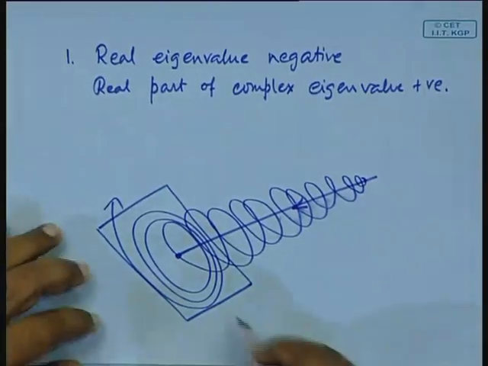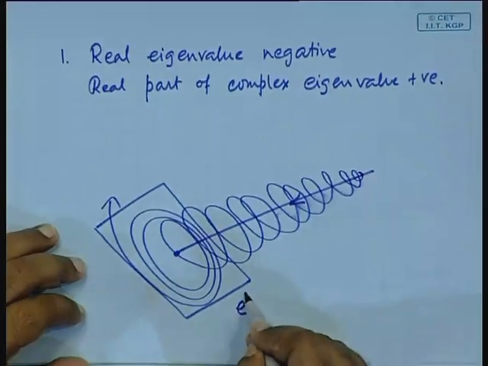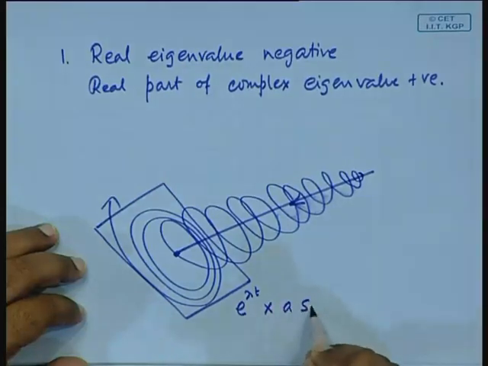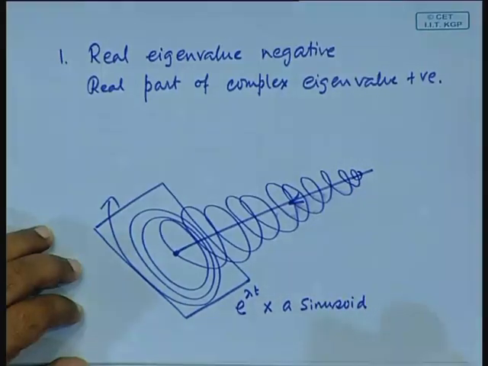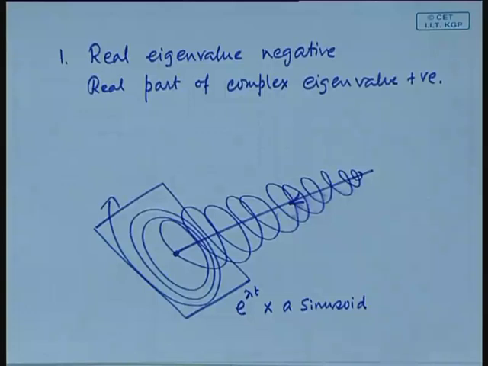On this plane it will be e to the power lambda t, which is positive, times a sinusoid, and in this direction it will be just a decay.